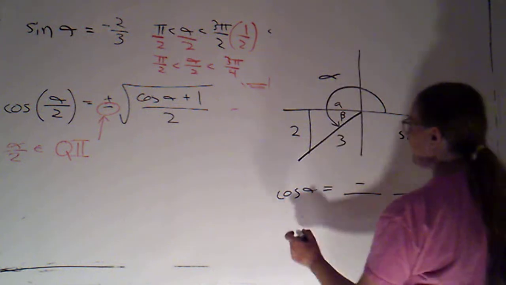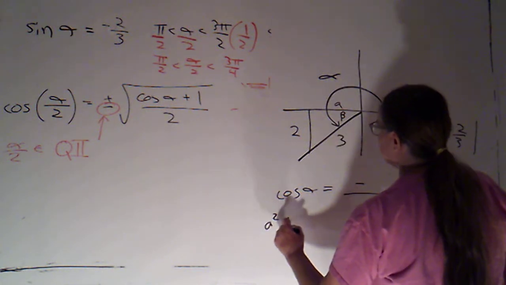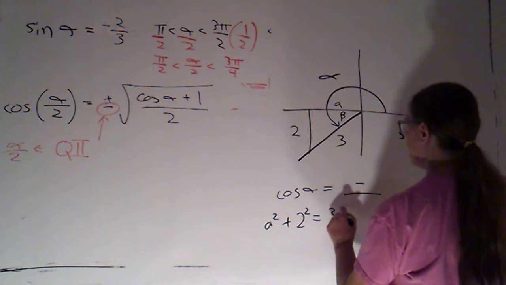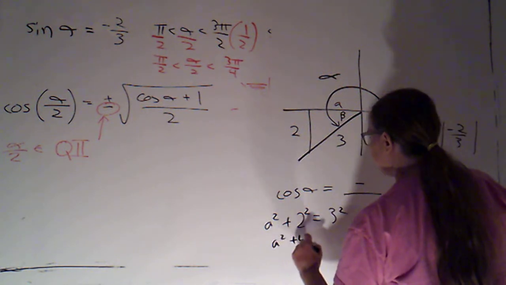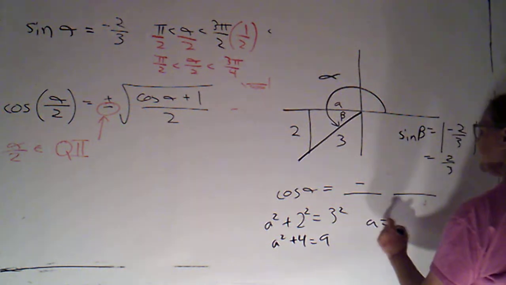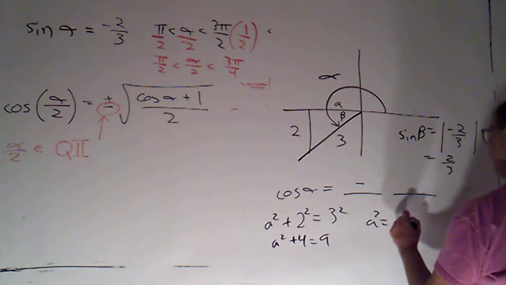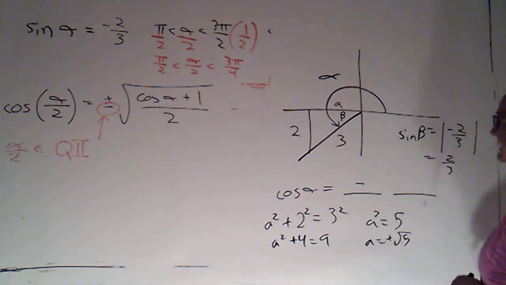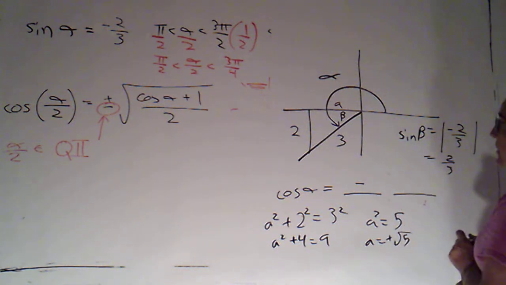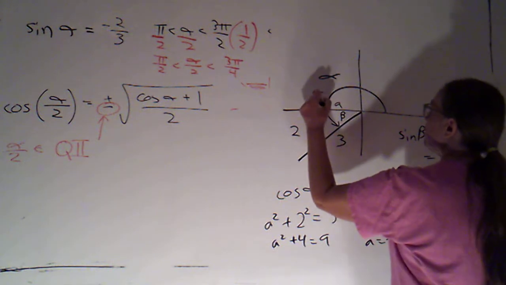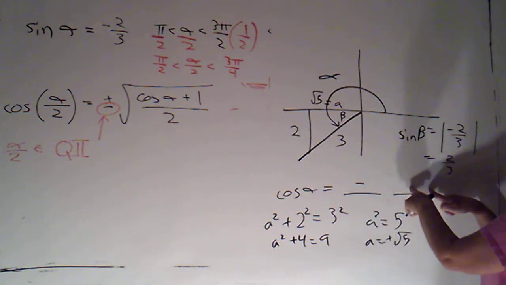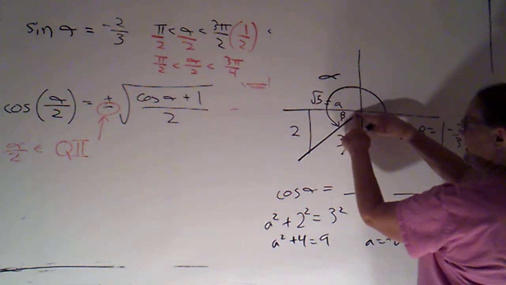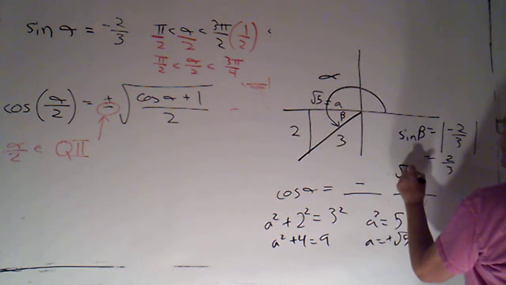So a squared plus 2 squared is equal to 3 squared. A squared plus 4 is 9. A squared is 5. And a would be the positive square root of 5 because it's a side length. So the absolute value that I'm going to attach to that negative sign is cosine of the reference angle beta. That's going to be root 5 over 3.